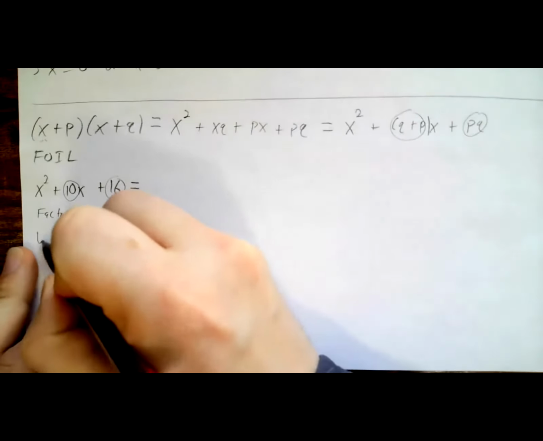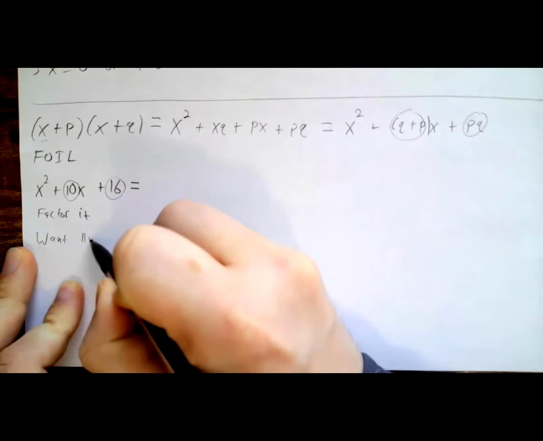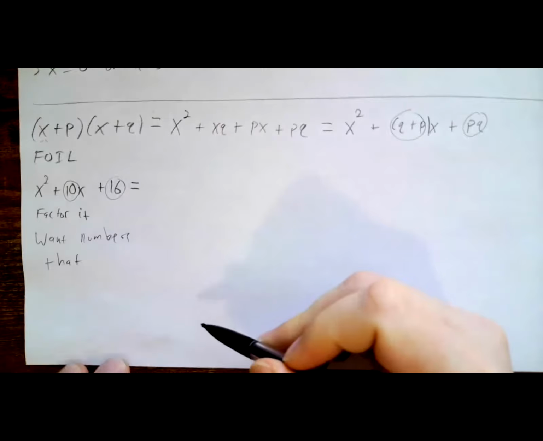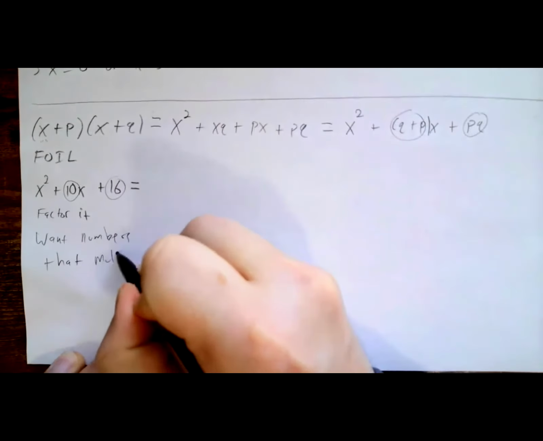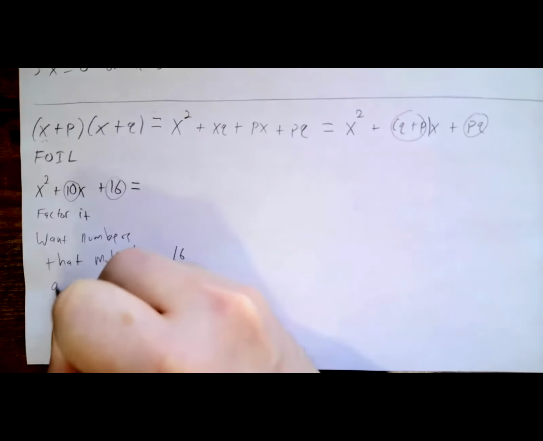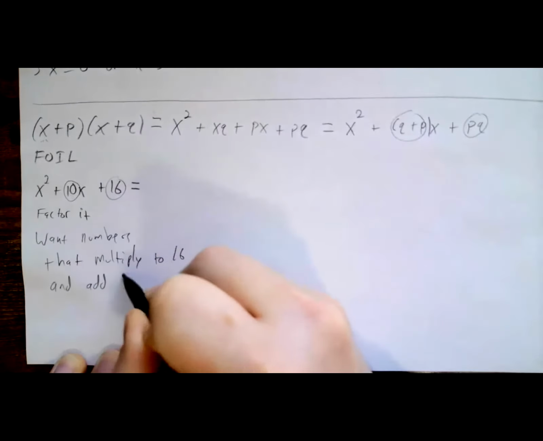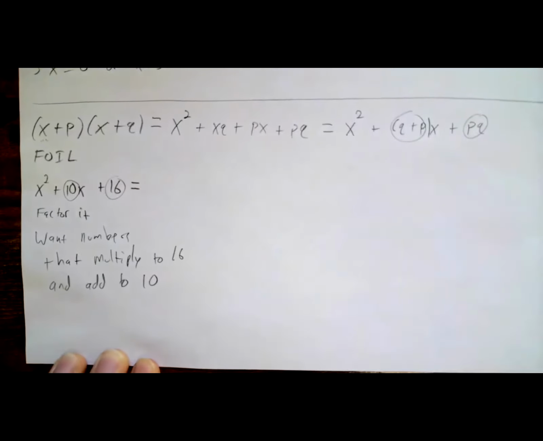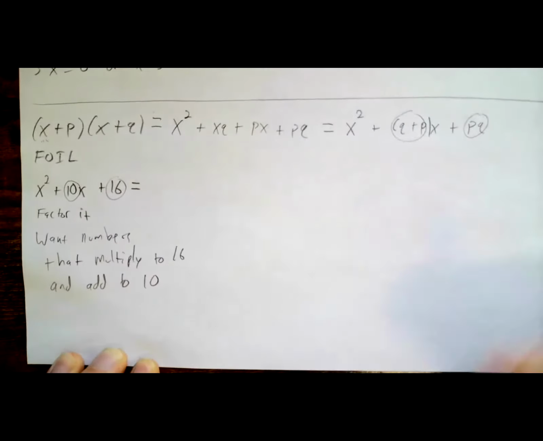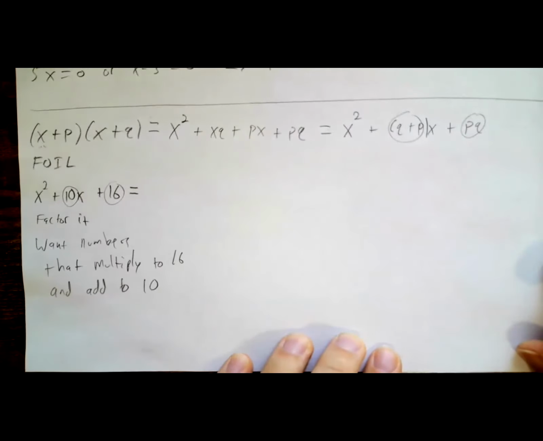So I want numbers that multiply to 16 and add up to 10. And that's going to be the secret for how you factor this equation.